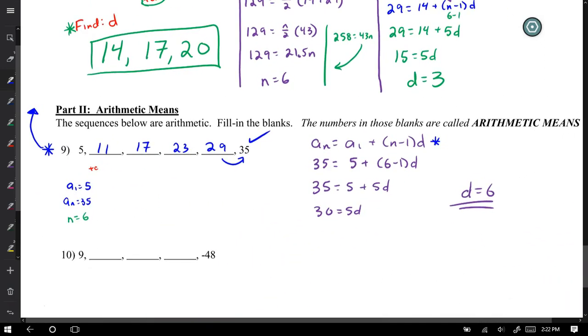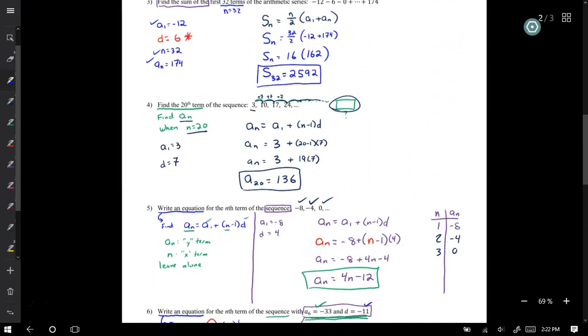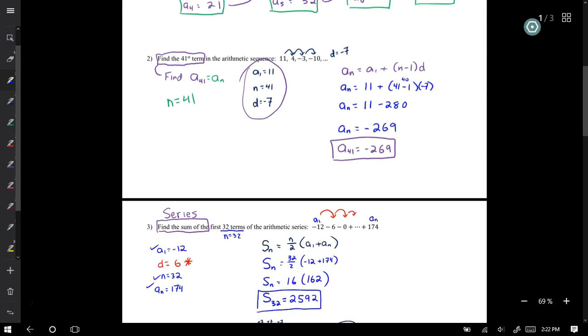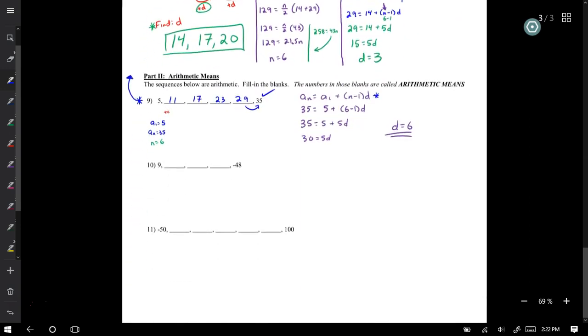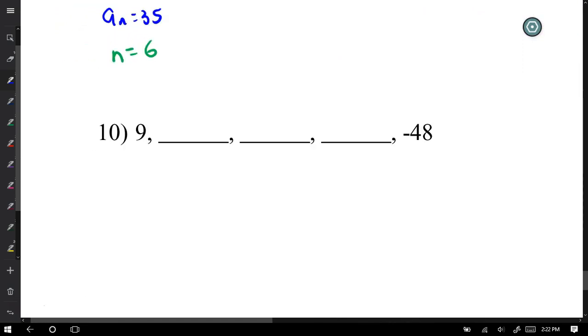Now, this way is the exact same as above. All these ones where we wrote down what we know, what was given to us, and plugged in and tried to solve. I like to think of these a little bit differently. I know where I'm starting, and I know where I'm ending.